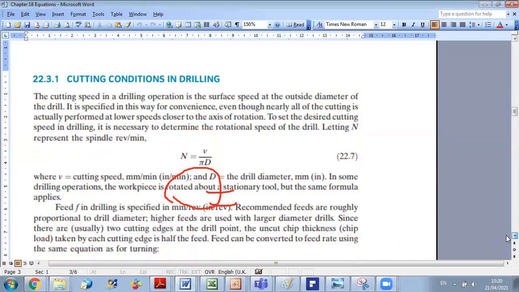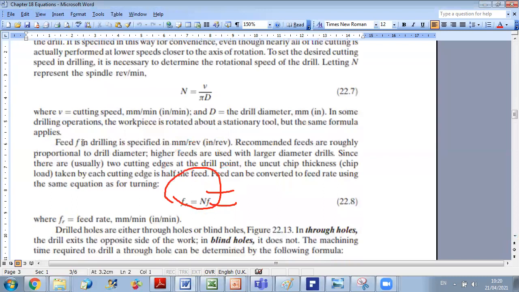Also, we can define feed in the drilling operation. In the drilling operation, the distance that the drill advances per revolution is given in millimeter per revolution in SI units and in inch per revolution in English units. Feeds are roughly proportional to the drill diameter, and higher feeds are used with larger diameter drills, since there are usually two cutting edges at the drill point.